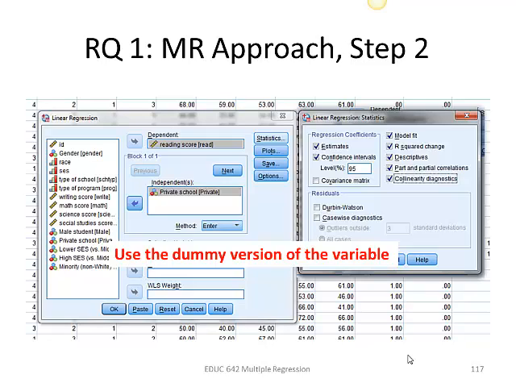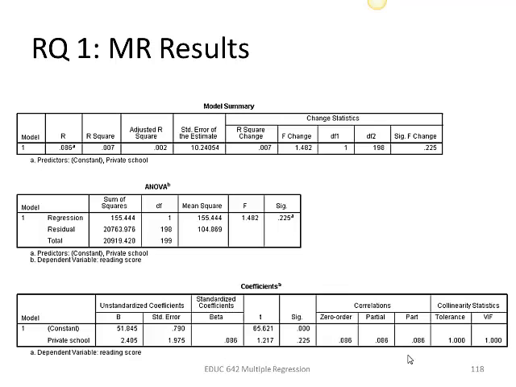And don't forget to hit that Statistics button and request all of that good stuff that we normally request when we're running our regressions. And once we do it once, it'll remember it from here on out. Okay? So when you're done with that, you can click Continue on the statistics window and OK on the linear regression. And here's what you get.